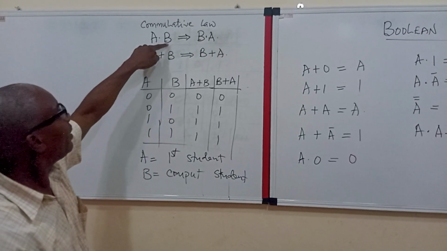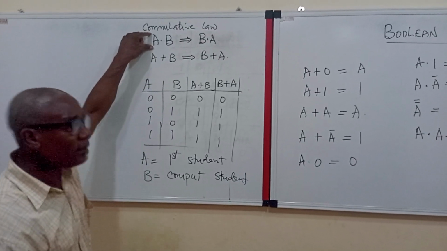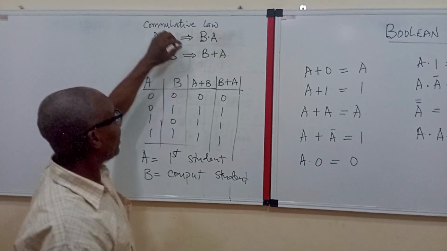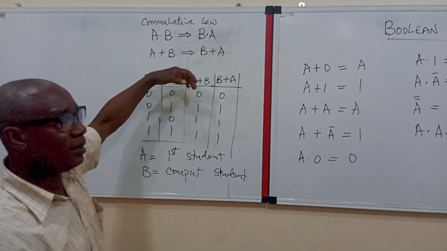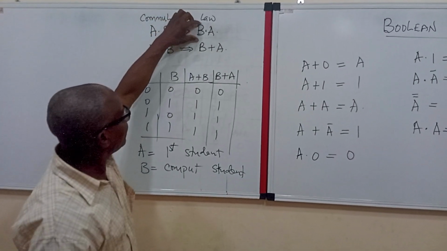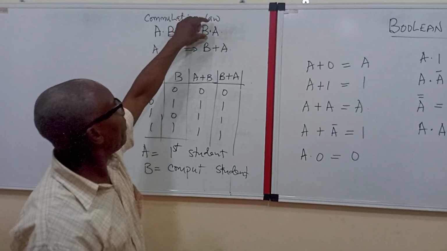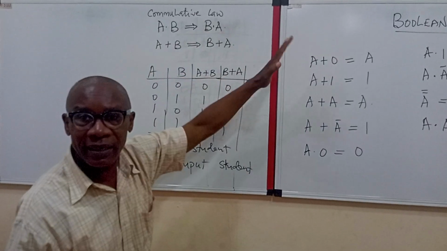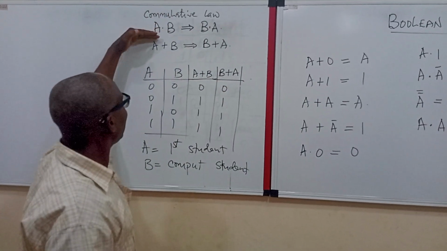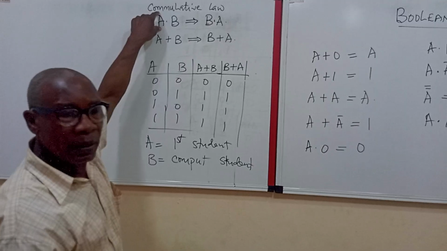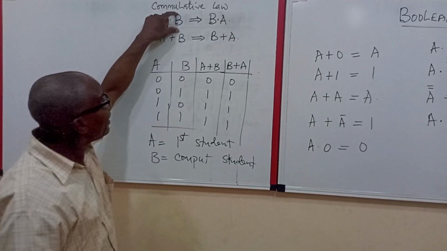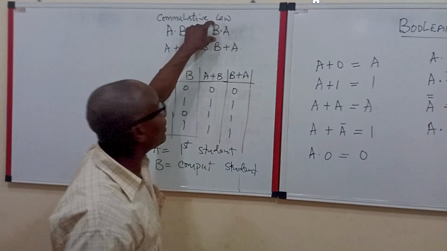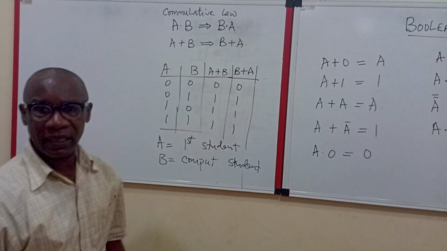This is an AND. They are first class students and they are in computer science. Now we are saying that it is the same thing as saying pick the computer science students and then pick the first class out of them. We are saying the same thing. If you go from this other route, picking the first class in the university before picking the computer science students, it is the same thing as picking the computer science students and then picking the ones who have first class.